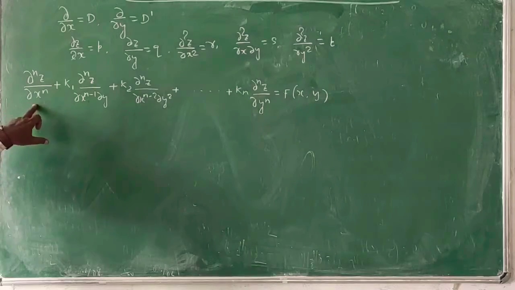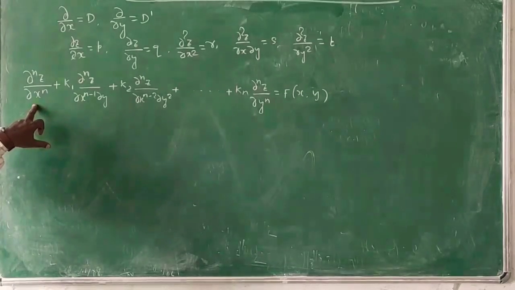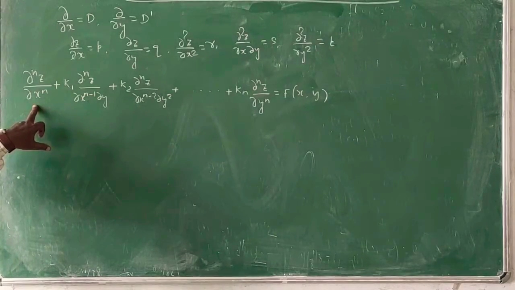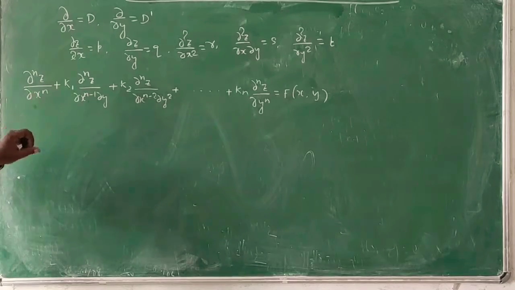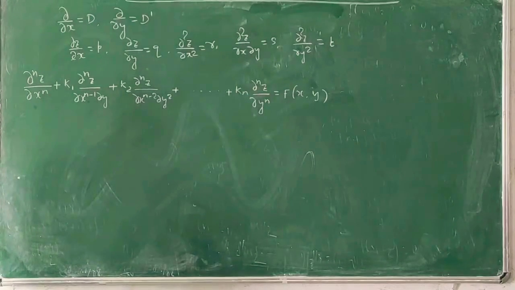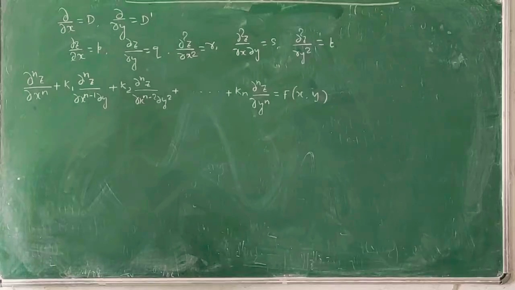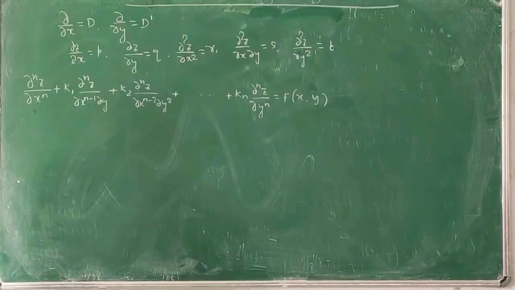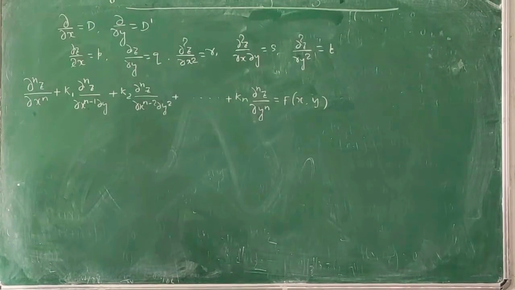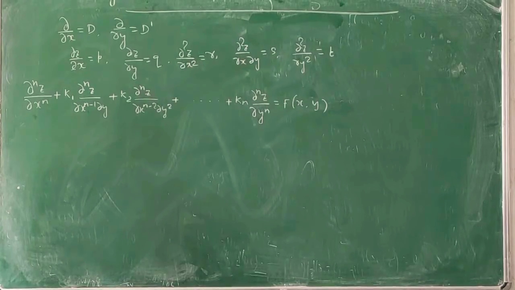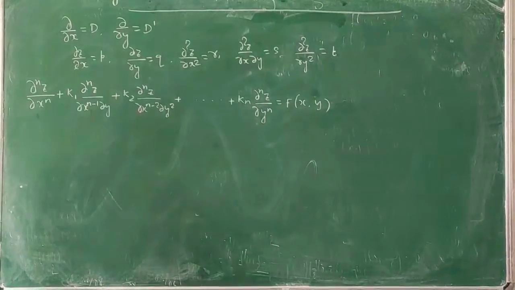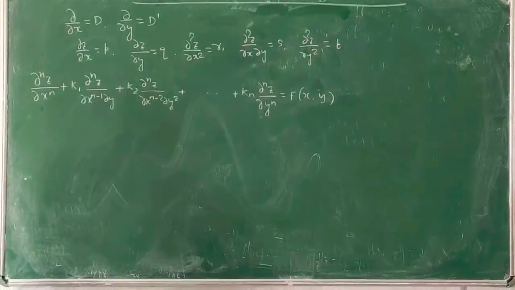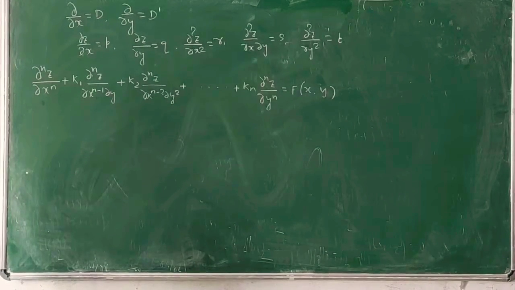And this is linear because the degree of this differential equation is 1. It is said to be with constant coefficients if k1, k2 up to kn are constants. Now f of x y means f is a function of x y, the right hand side.